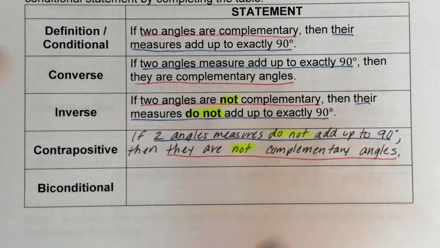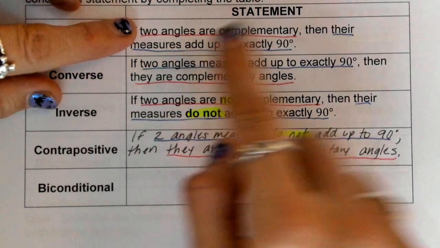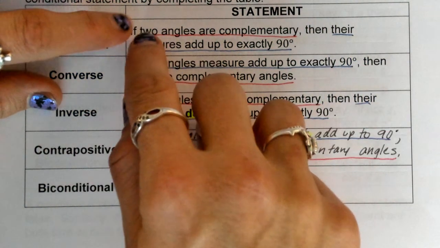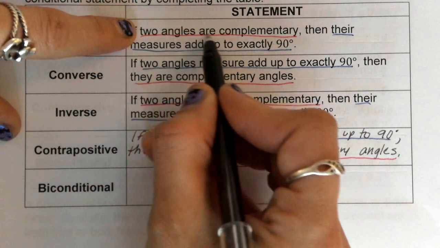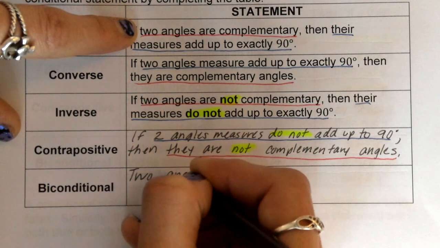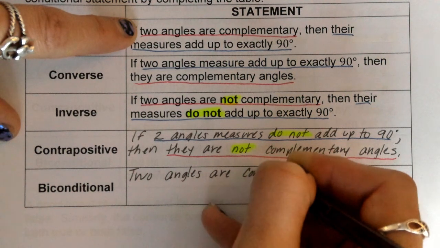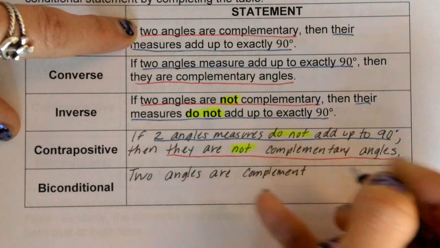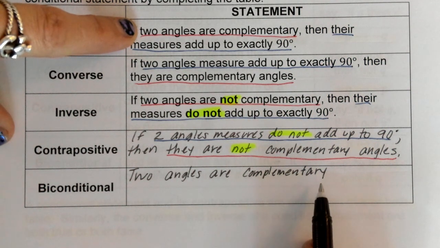Our biconditional, remember we're taking our hypothesis and we're taking our conclusion. We're taking off that if and that then. So we take off the if, and start off with our hypothesis here. Two angles are complementary.